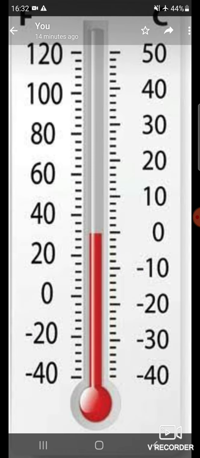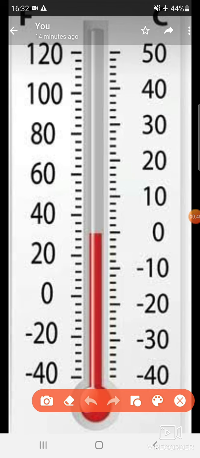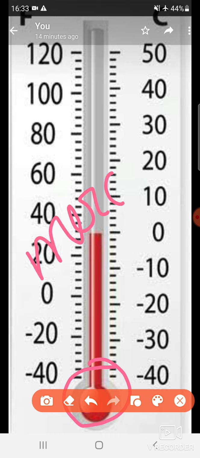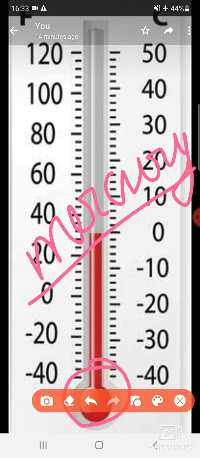You can see the picture of a clinical thermometer on your screen. This is how a clinical thermometer actually looks. This is the bulb, in which mercury is generally filled, which helps us to know the temperature of a body.